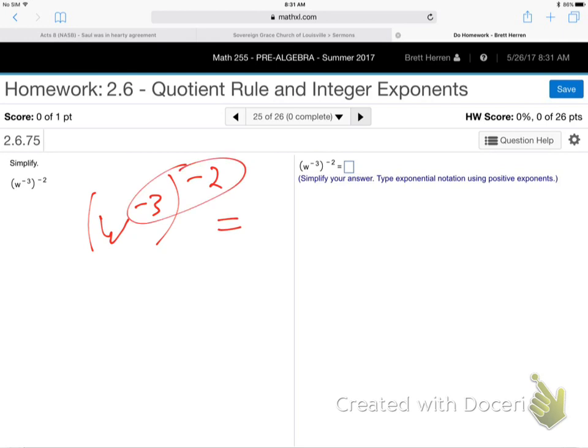So powers outside multiply powers inside, positive 6, right? Because 2 negatives multiply to be positive. Now, is that guy unhappy in his job? He's already happy. He's not going to jump anywhere. Happy, happy, happy. He's going to stay right there. And we're done. Make sense on that? Good. Good, good.